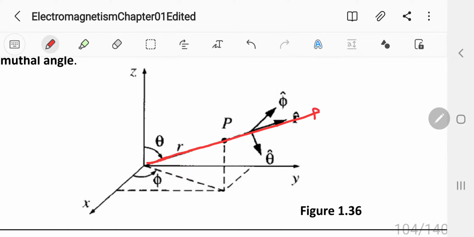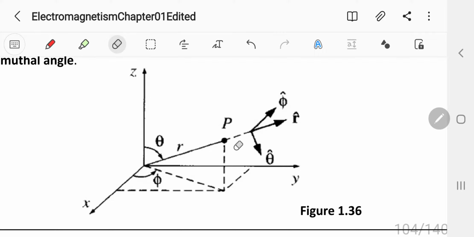So your r hat is a unit vector in this direction, and your theta hat is measured in the z direction.